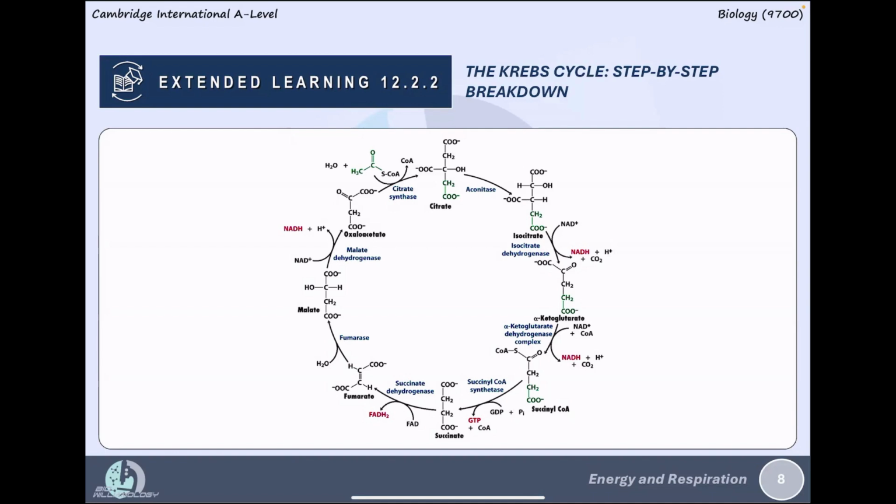You can see that the red color reduced NAD and the red color reduced FAD are formed. So generally, the role of the Krebs cycle is to harvest hydrogen atoms from the substrate or from the chemical compounds here.